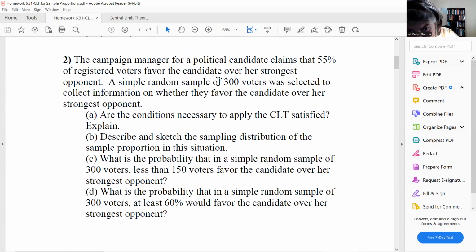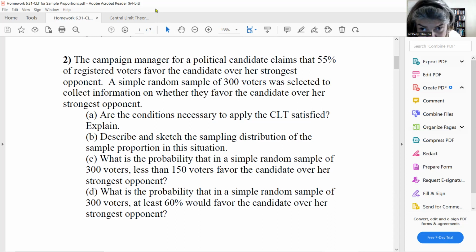So you have 300 people in your sample. 300 times 10 is 3,000. So can we safely assume that there are more than 3,000 registered voters in this area? Yeah, we can assume that. This is probably the US, maybe it's California, but regardless, it is safe to assume that this sample size is adequate, that it's not too large.